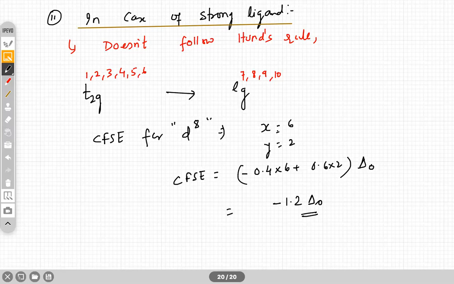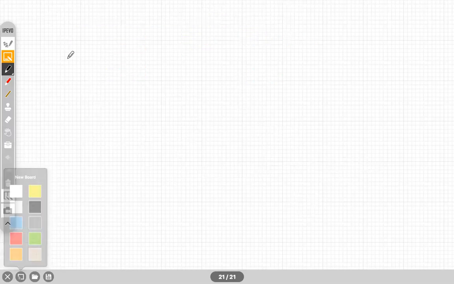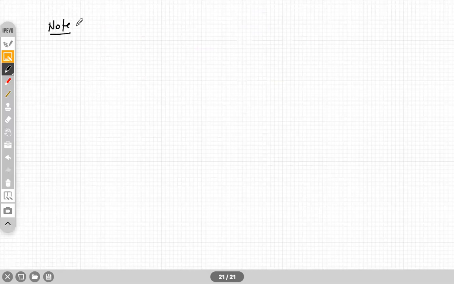One more thing we have here that we call average pairing energy. Note, write this down. All these small pieces of information are important, as they have asked questions on this. That's why I told you in the beginning that in this chapter you'll get many different kinds of questions. Because of the average pairing energy, the electron does not follow Hund's rule over there.